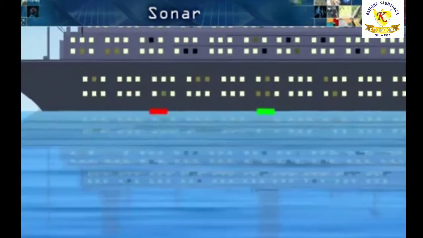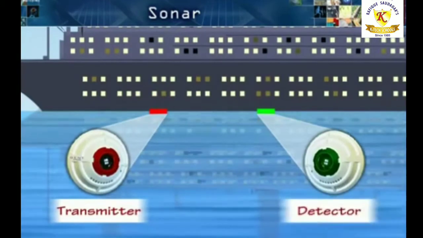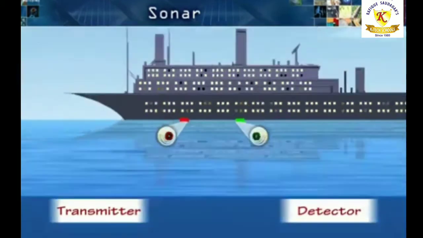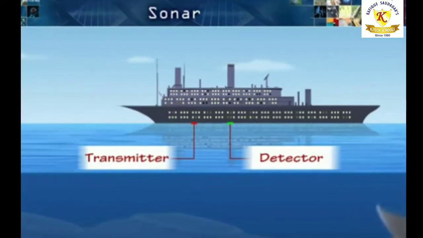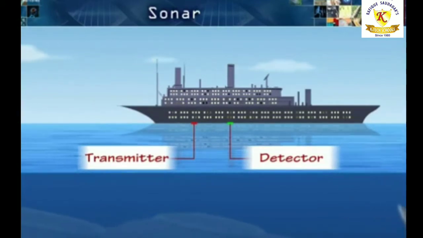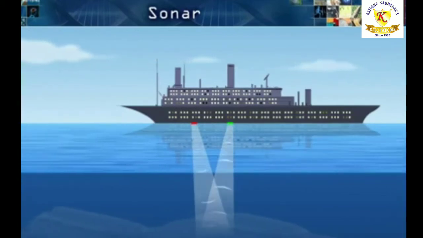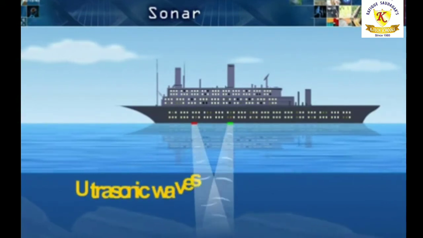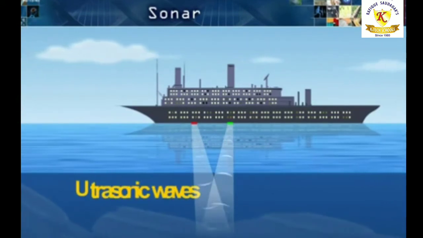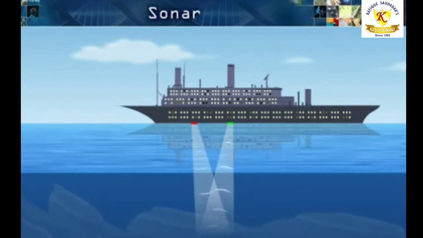So, sonar consists of a transmitter and a detector. It is installed in a ship or a boat. The transmitter produces and transmits ultrasonic waves. These waves travel through water.